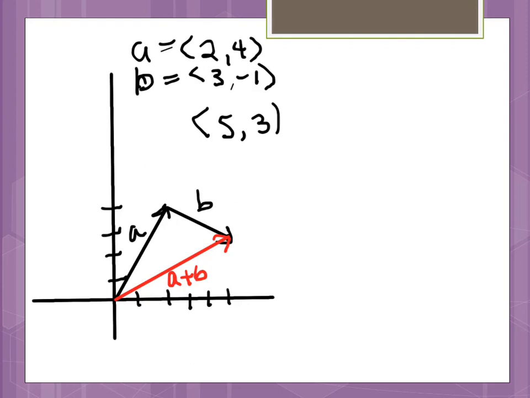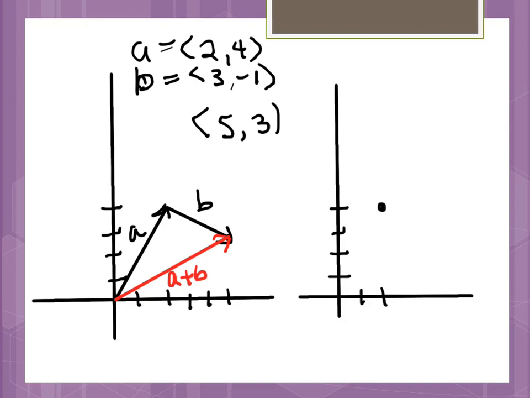We're going to do the same thing now with A minus B. So same kind of a graph, but we will imagine doing the exact, I don't want to say opposite, but kind of. So we're going to go over 2 to the right and up 4. And here's my vector A. And then the vector B is supposed to go right 3, down 1, and we're doing the opposite because we're subtracting it.